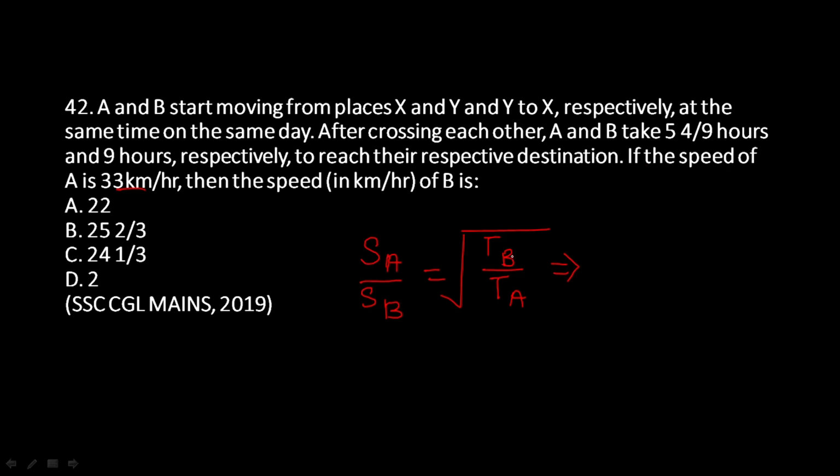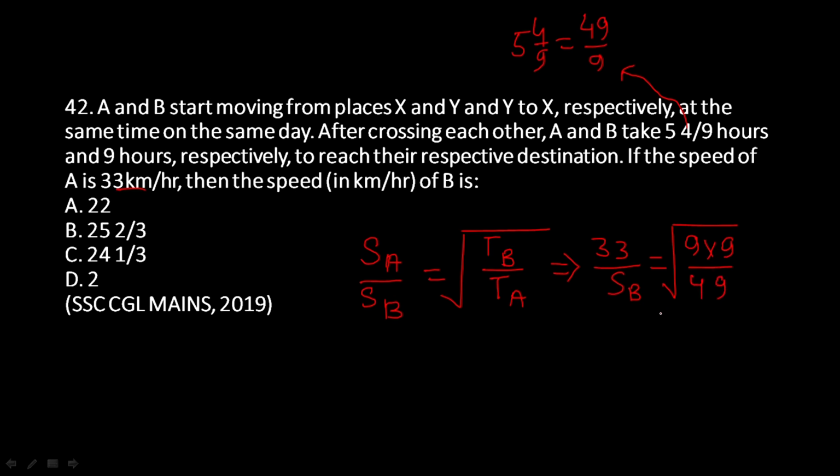The speed of A is 33 upon the speed of B, root over it, is 4 by 9 upon 5 by 9. Clear? So this 9 will be in the numerator and it will be 4 by 9 upon 5 by 9.